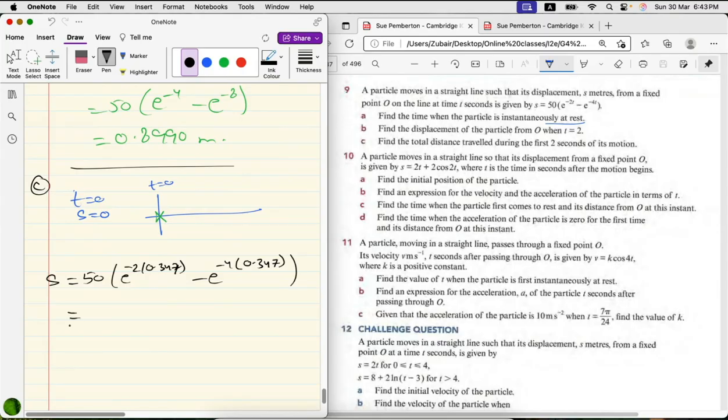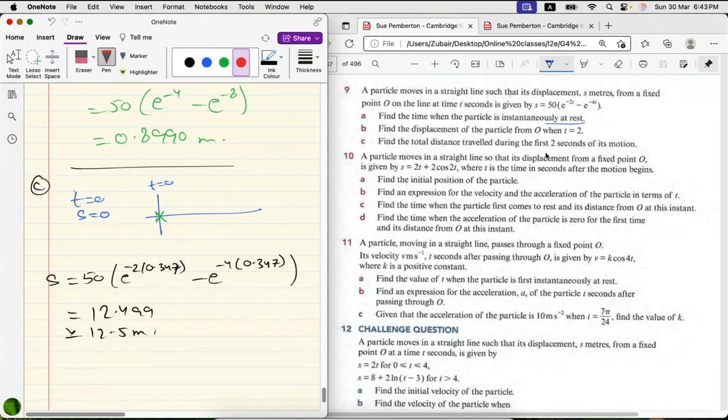Displacement at that point is 50 into e raised to power minus 2 into 0.347 minus e raised to power minus 4 into 0.347. It's 12.4 and so on. It's 12.5 meters.